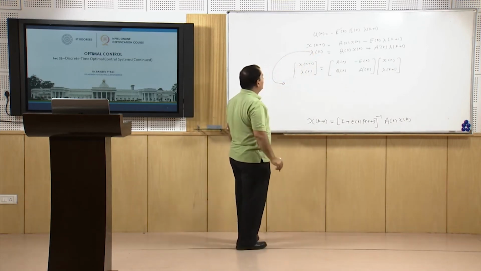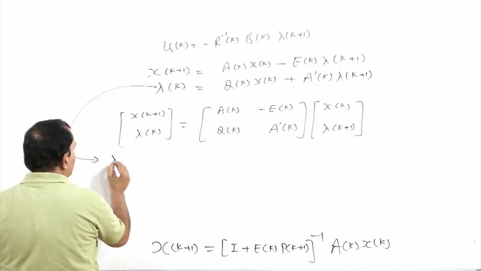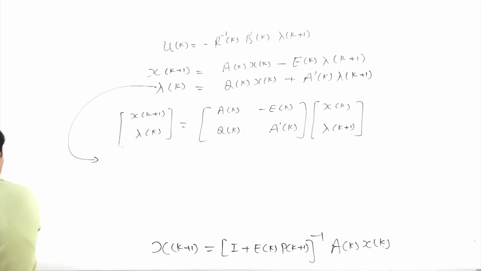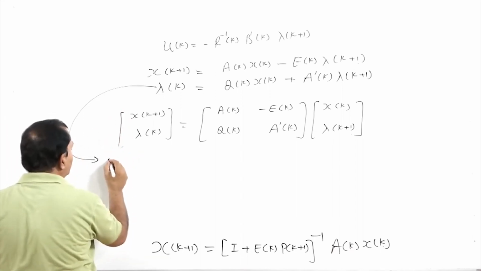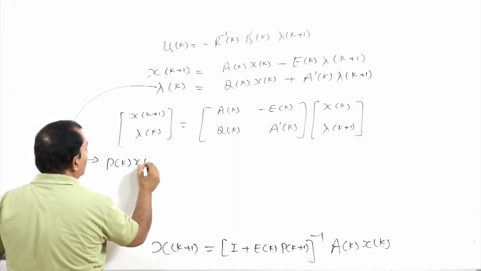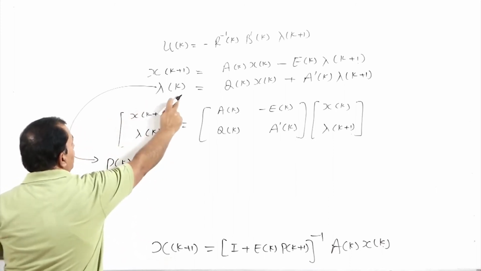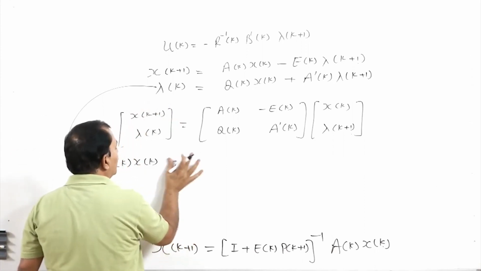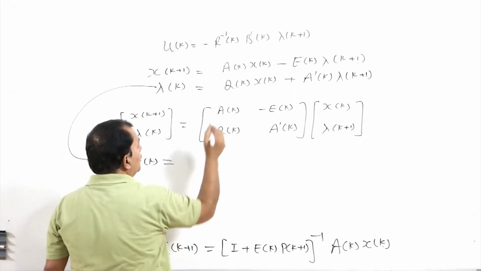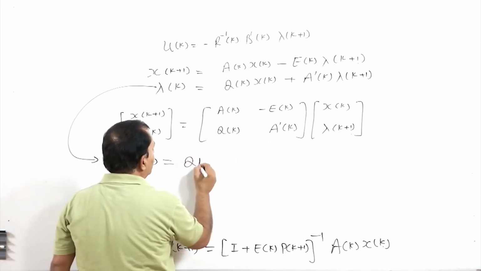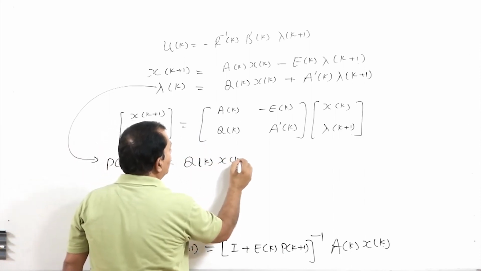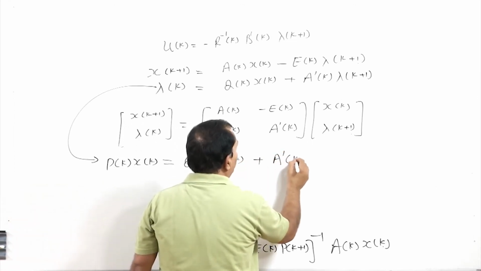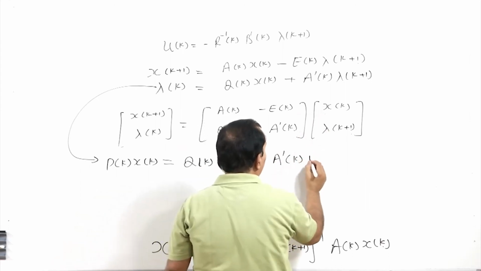So, I will keep this last equation and I will consider now my co-state equation, which gives me lambda k. I will take it as P k x of k, in place of lambda I am writing, this equals to my Q k, keep as such x k, plus A prime k. What is my lambda k plus 1?